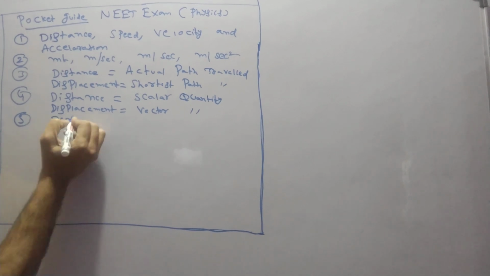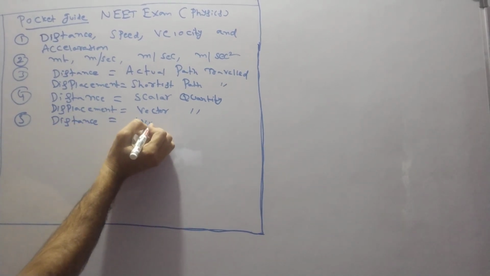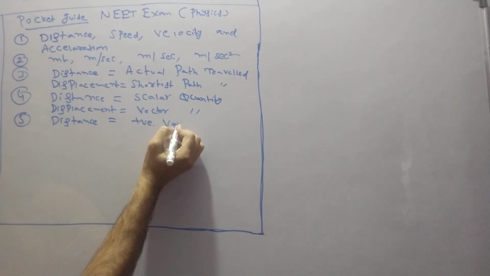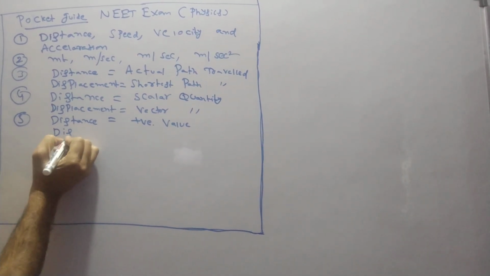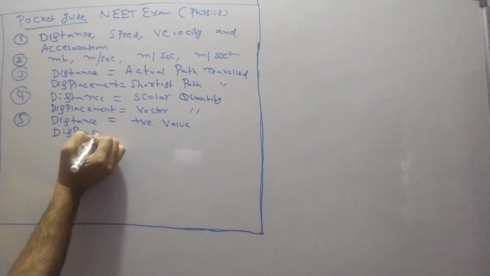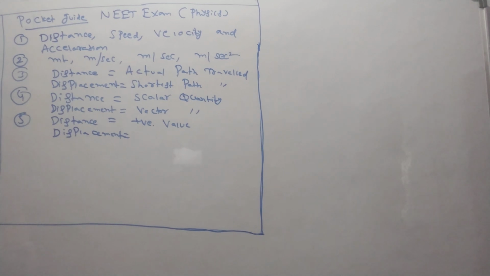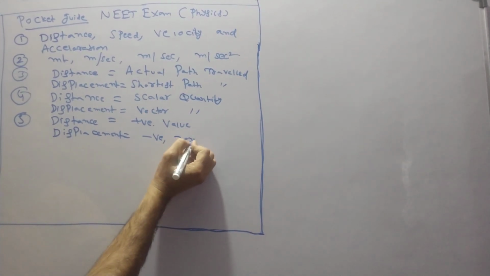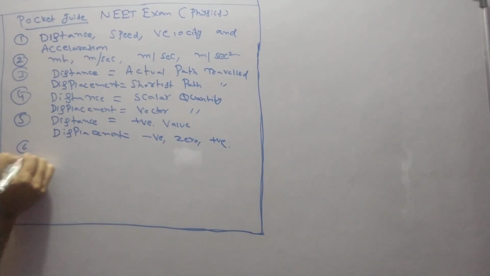Fifth point is distance will always get positive value only. Distance is always a positive value only, whereas displacement values may be negative or zero or positive values, right?